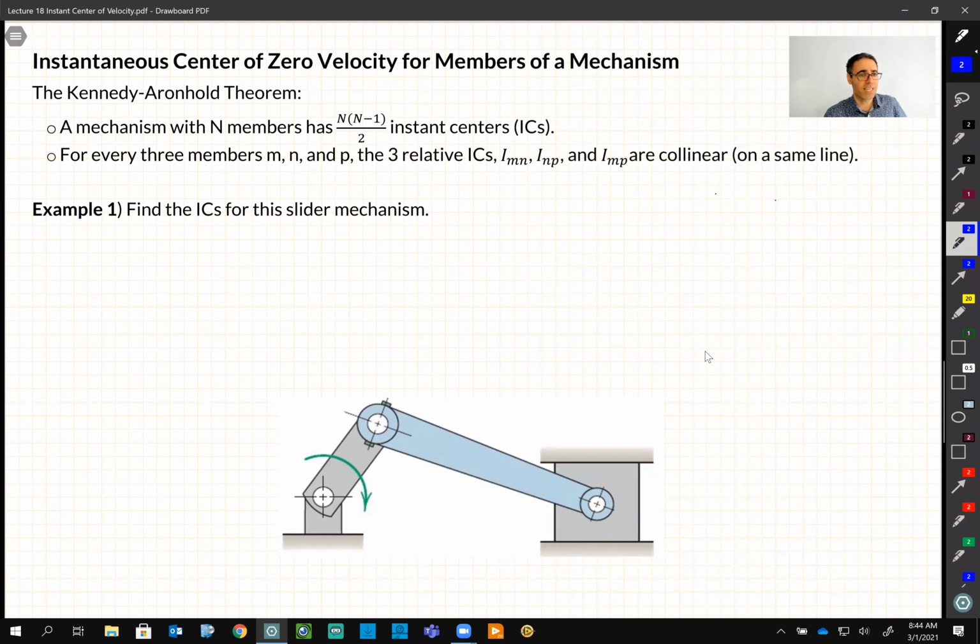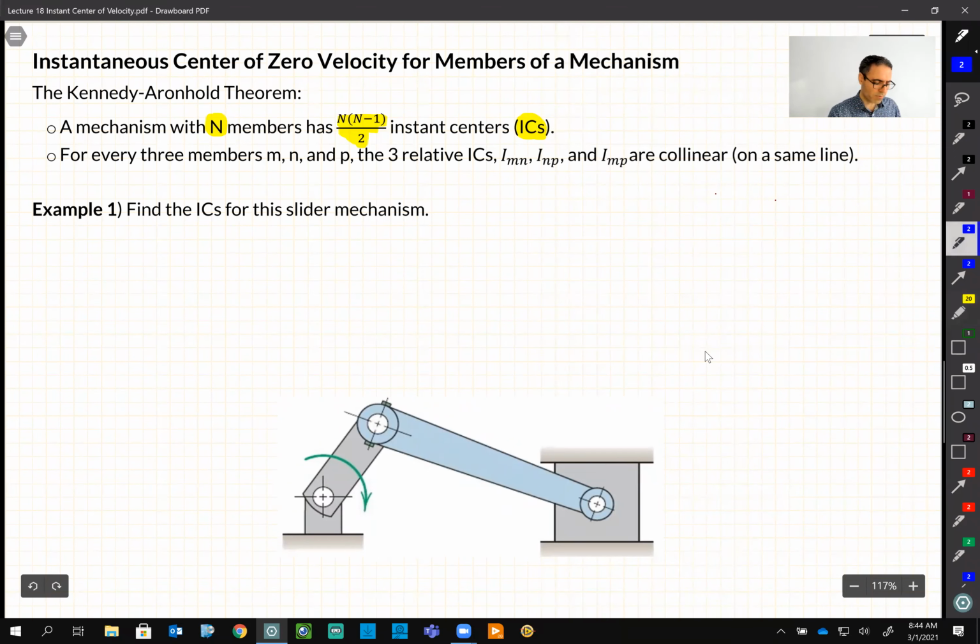Maybe they were friends with Kennedy and Arnold, I don't know. But they developed these 2 theorems, and we're going to use that. So their first theorem was that a mechanism with n members has n multiplied by n minus 1 divided by 2 ICs.